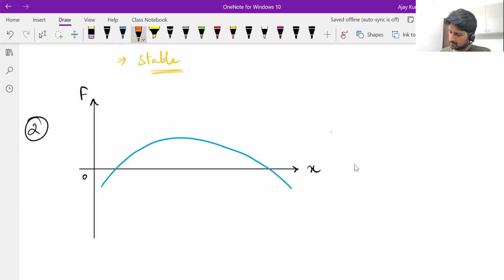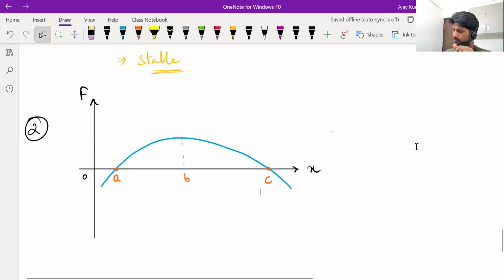This point is x is equal to a. This highest point is x is equal to b. And this point is x is equal to c. So this is a graph of how much force acts on the object at different positions.